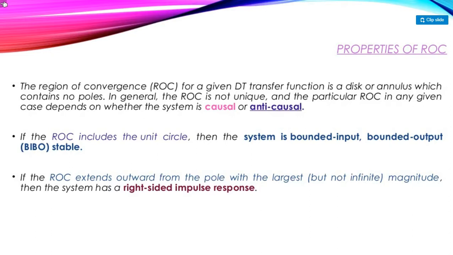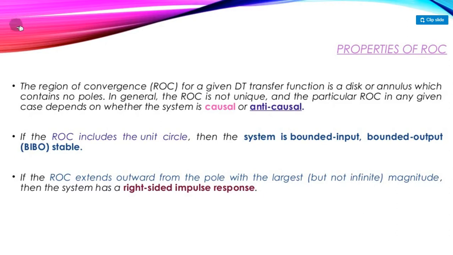So the region of convergence for a given discrete time transfer function is a disk or annulus which contains no poles. In general, the region of convergence is not unique, and the particular region of convergence in any given case depends on whether the system is causal or anti-causal.